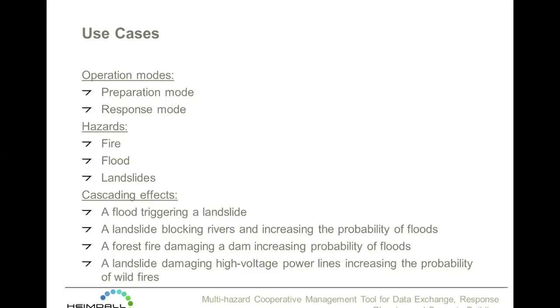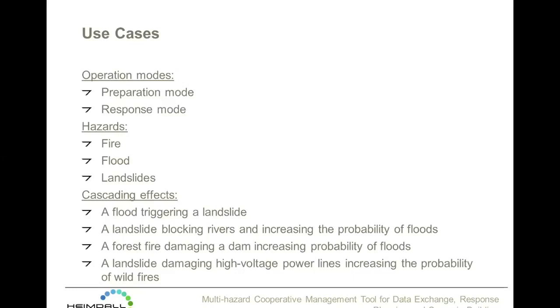HEIMDALL is a multi-hazard platform, which means that it has the capability to be extended for basically any kind of hazard, natural or man-made. However, during the project, we focus, as presented, on the main hazards: forest fire, floods and flash floods, and landslides.